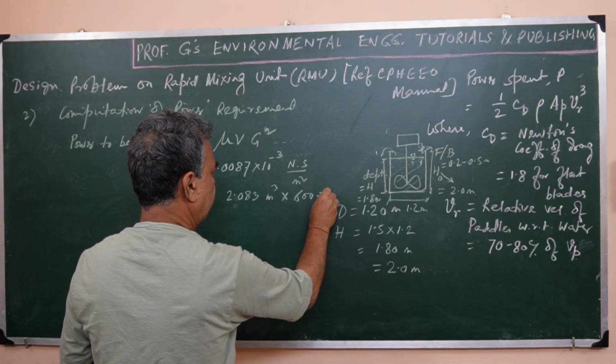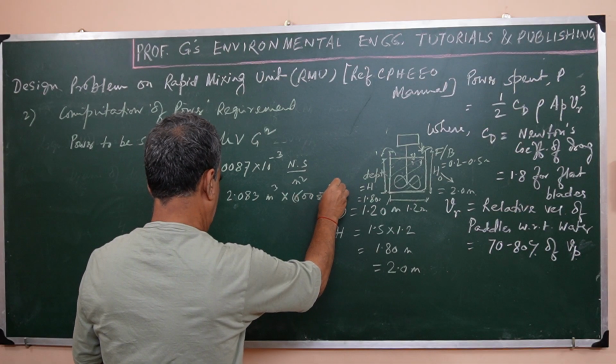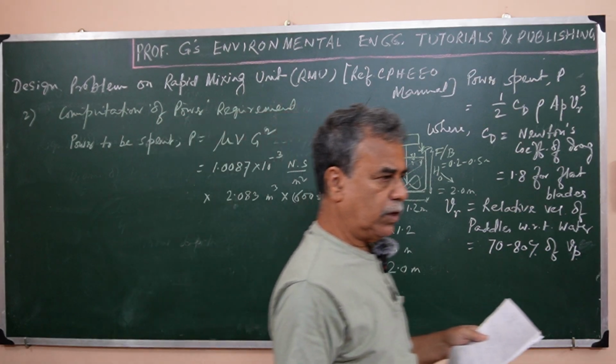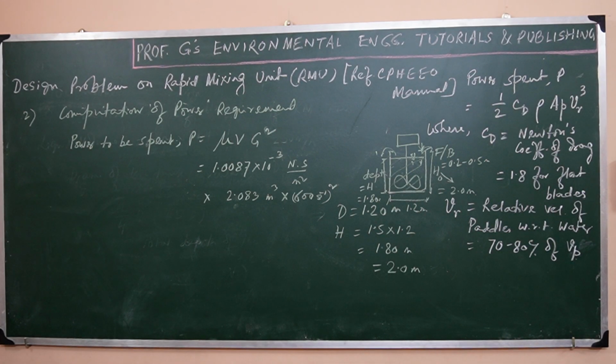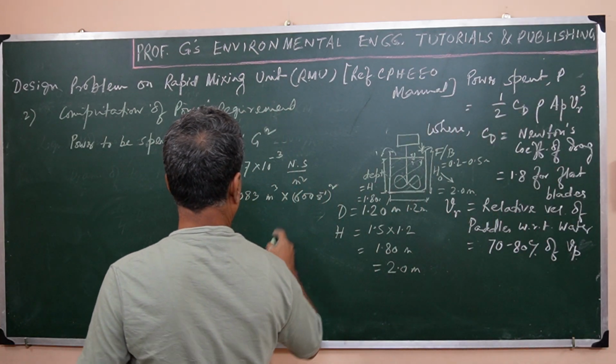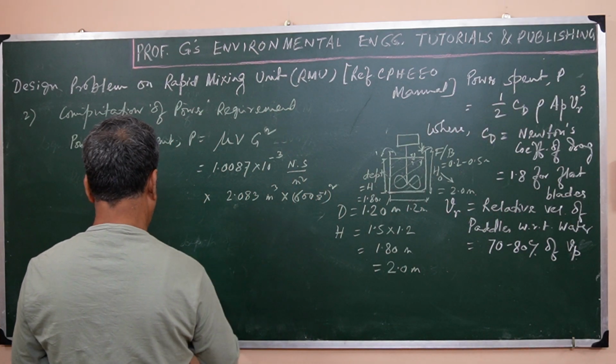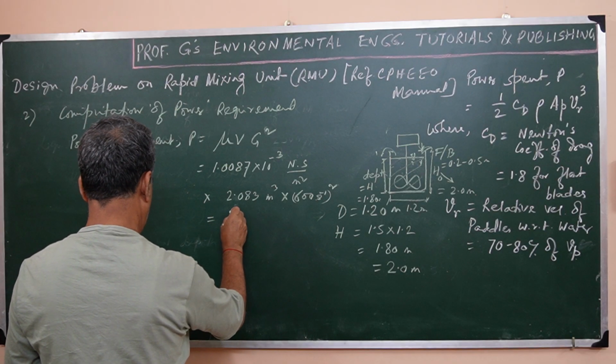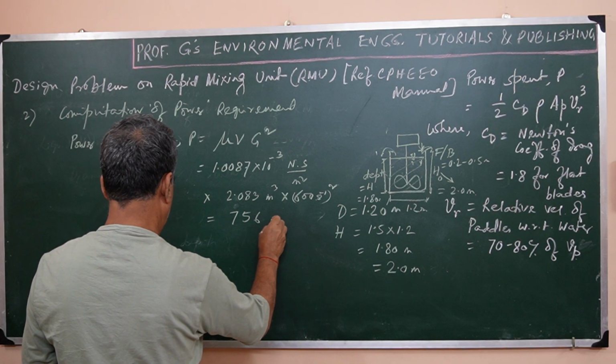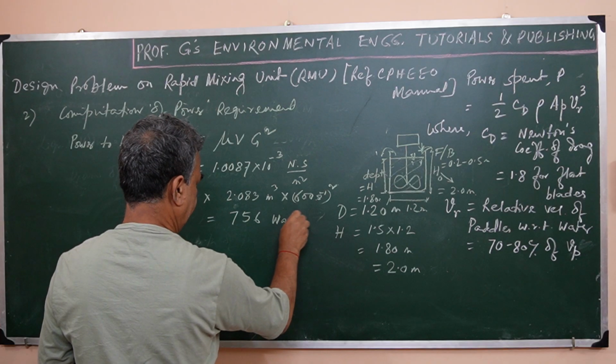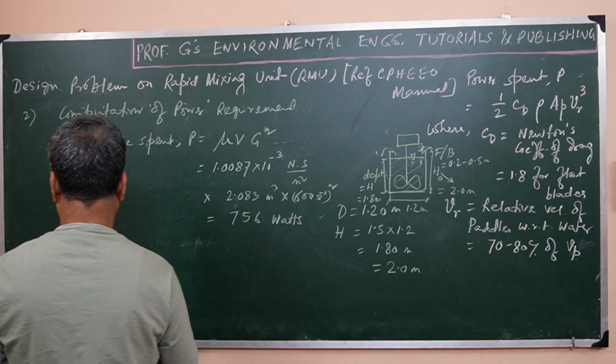So second inverse square. So this is actually 600 second inverse. So here this becomes 756 watts, right?